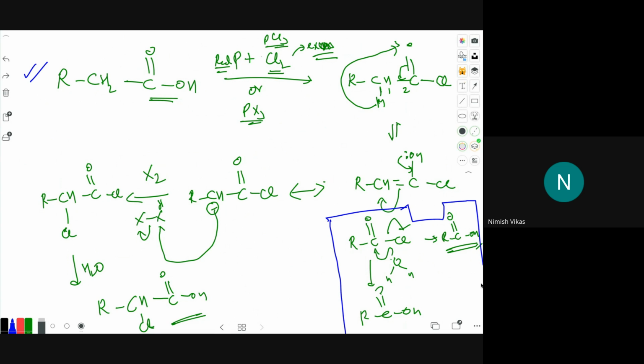Okay. What will happen in the first case? RCH2COOH is there, red phosphorus plus Cl2 is there, or PX3 is there, right? So I told you when P plus Cl2 will be there, PCl3 will be formed, and you know how PCl3 reacts with COOH. So that will be what? Here COCl will be formed. After that, what happens? Tautomerism happens.